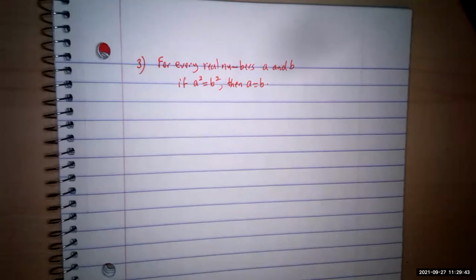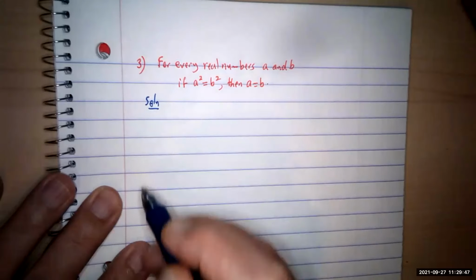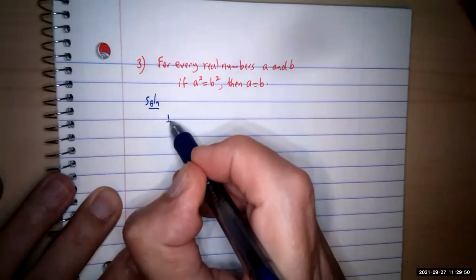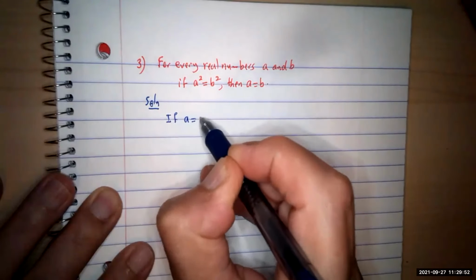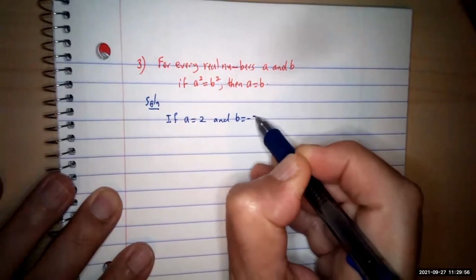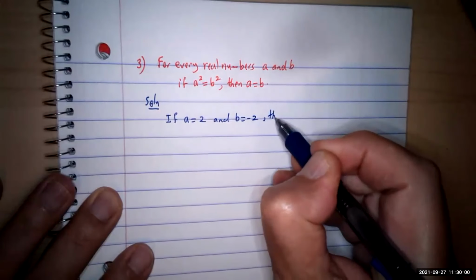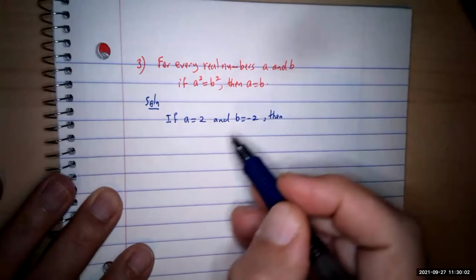Yes, you are right. So the solution is, if A is equal to 2 and B is equal to -2, then the first part is satisfied.